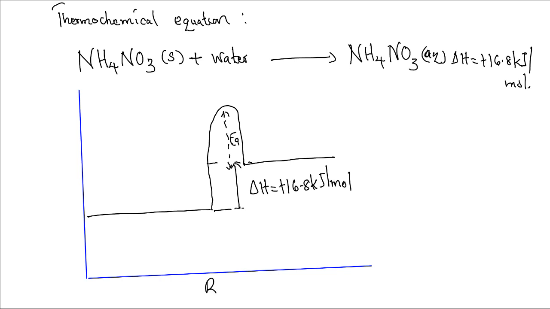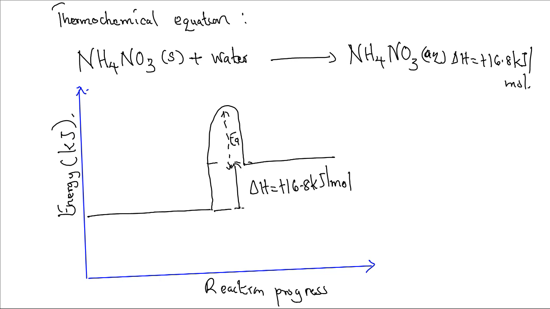Reaction progress, energy in kilojoule. Then we have the two normal axes.